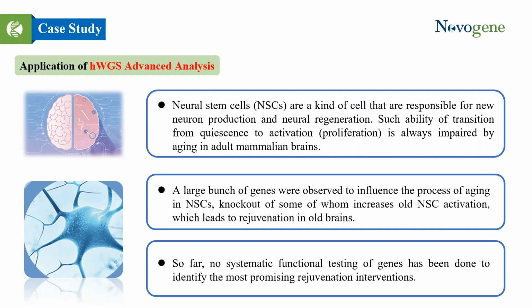Knockout of some of them increased the old neural stem cells activation and leads to rejuvenation in old brains. However, so far, no systematic functional testing of genes has been done to identify the most promising rejuvenation interventions.